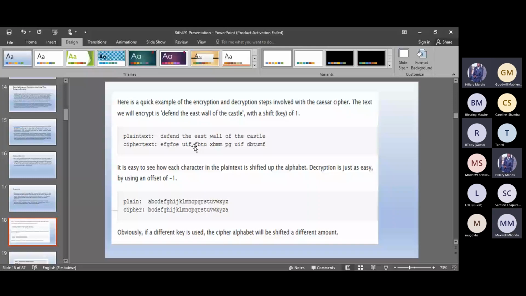For someone who doesn't know, it is very effective. That's the first thing that we check. Any questions on Caesar cipher?